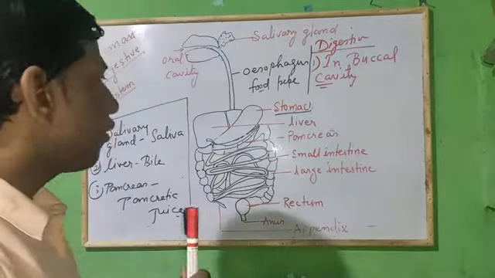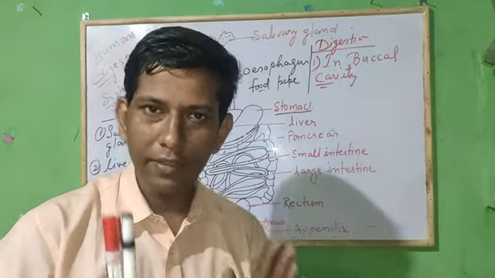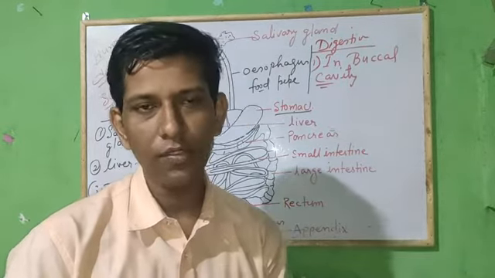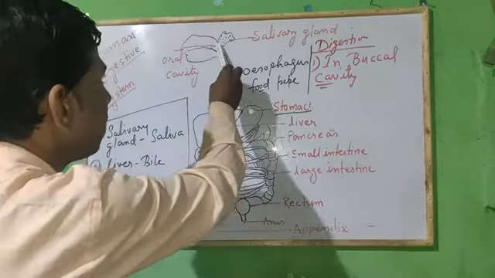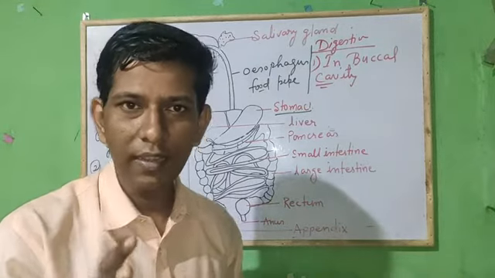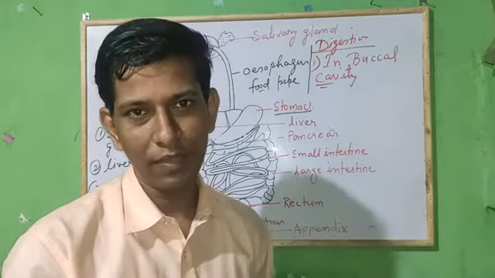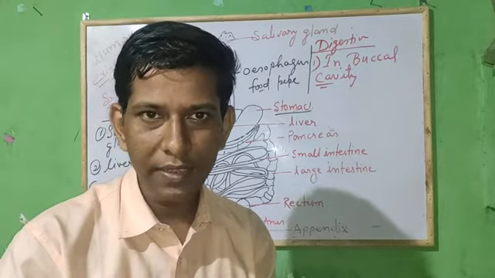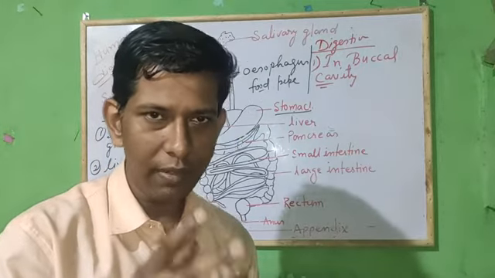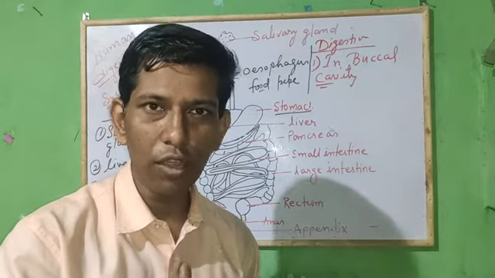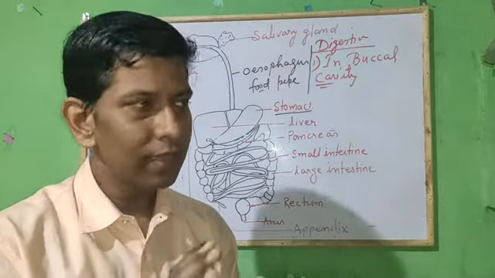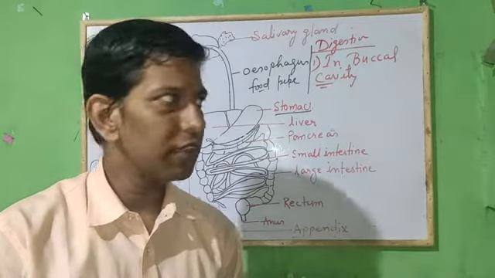Also, with the help of our teeth we do the mastication. During this mastication process, the salivary gland releases a juice called saliva. Saliva contains an enzyme called amylase, a very important carbohydrate digesting enzyme. This enzyme acts on the food material and makes it very soft and slippery, and makes a bolus easily.